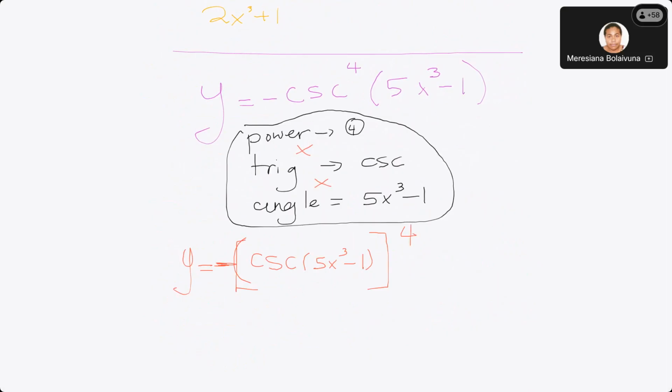So this negative, that's this one here, you have the cosecant, and the 4 is outside. So first let's differentiate the 4. The derivative of 4 is, bring the 4 to the front, it becomes minus 4. And then the power now reduces to 3. Okay, remember, do not change whatever's inside.